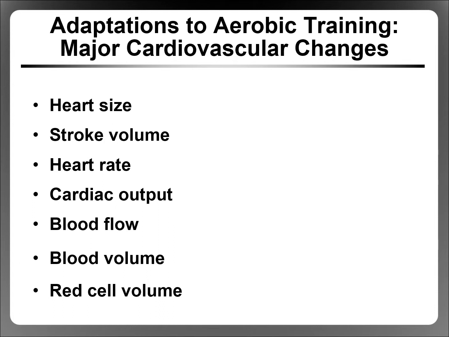We will see a decrease in resting heart rate and more efficiency at a given submaximal heart rate. We will see an increase in cardiac output, more efficient blood flow, a better maintenance of blood volume, and an increase in our red blood cell volume, specifically increasing the hematocrit so we can carry oxygen more efficiently.